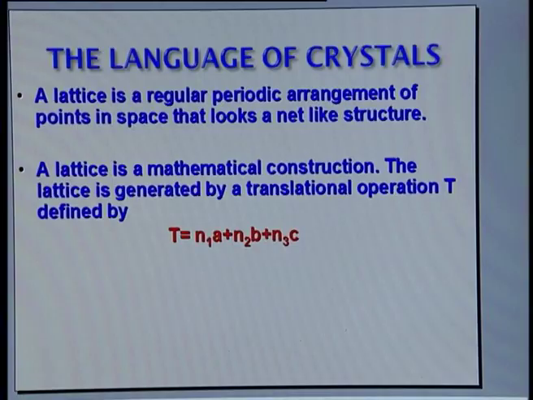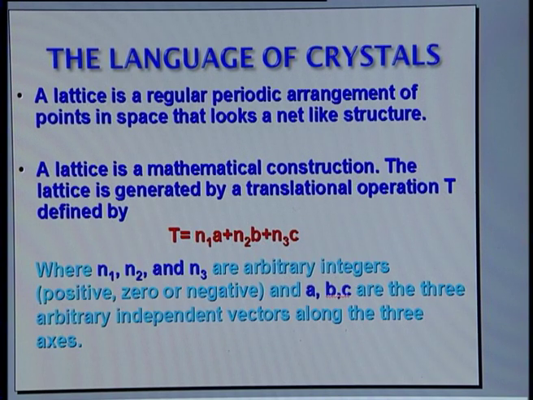If you imagine a set of imaginary points which are connected by a certain mathematical relation, given by t equals n1a plus n2b plus n3c, then all these lattice points put together form a lattice. Starting from one lattice point, we can go to any other lattice point by considering different values for n1, n2 and n3 in the equation, and here a, b, c are the vector distances along the three crystallographic axes.